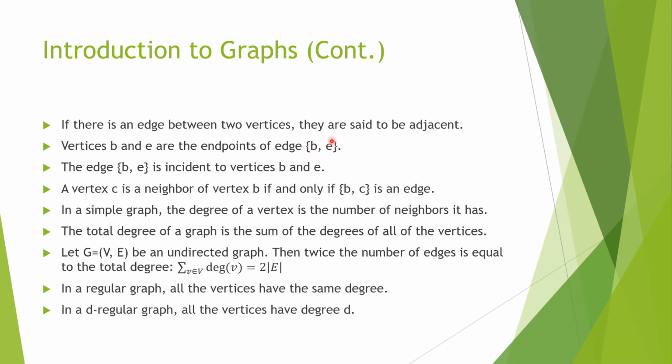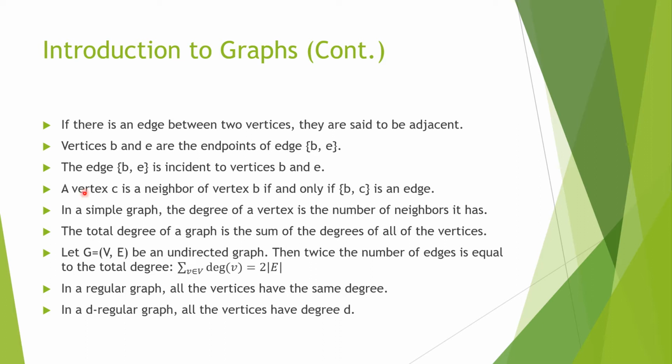So if you represent an edge using a set roster notation like this, it means that it connects B to E, and B and E are called the endpoints of that edge. The edge {B, E} is incident to vertices B and E. So the word incident is used in this context. When an edge connects two vertices, it is incident to both of those vertices.